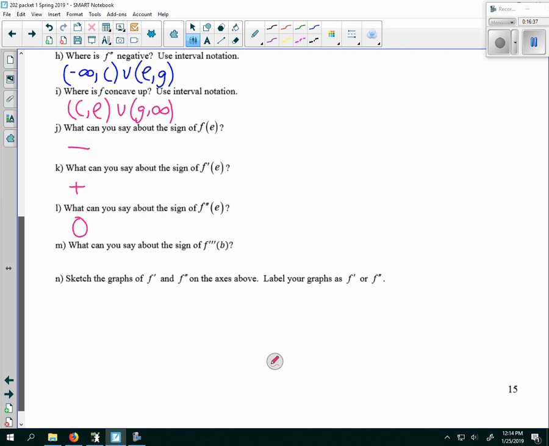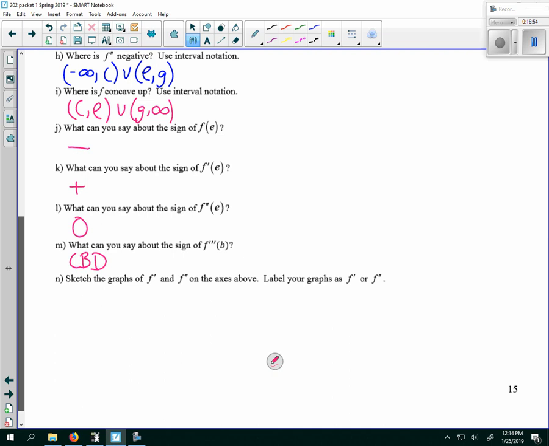We can tell things about the second derivative based on whether the function f is concave up or concave down, but there's no obvious way to see the third derivative in the original graph of f. So we say cannot be determined.